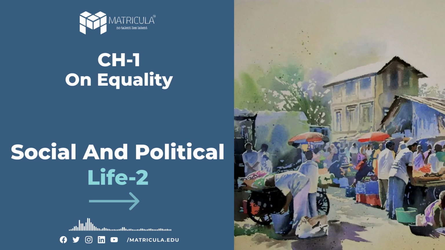One of the more common forms of inequality in India is the caste system. If you live in rural India, your caste identity is something that you probably learned or experienced very young. If you live in urban India, some of you might think that people no longer believe in caste.